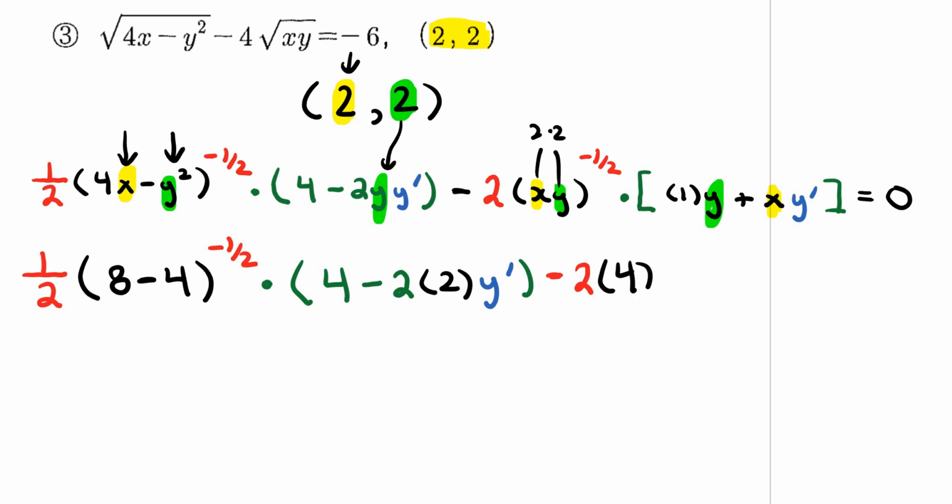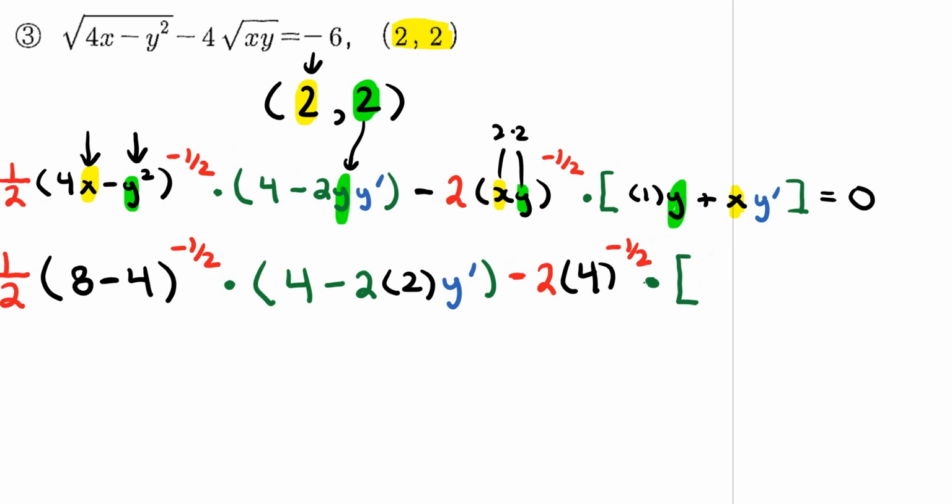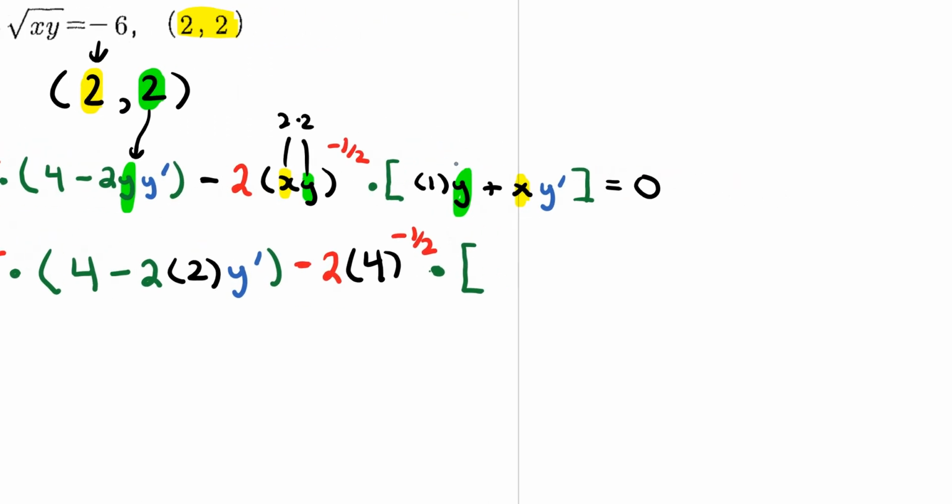So 4 goes in that bracket, the power of negative 1/2, and then times over here I have 1 times y, so y is 2, so 1 times 2 is 2, plus, and then x here is 2, so that's going to be 2, and then the y prime remains, so 2y prime, and then I close the bracket, and that equals 0.